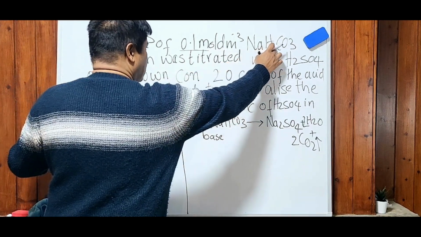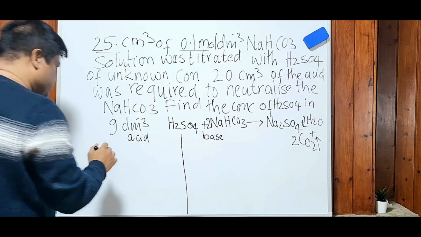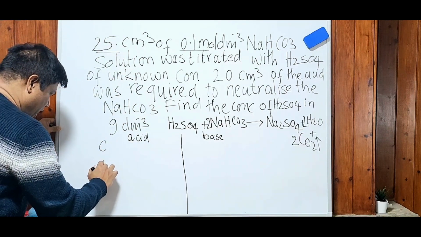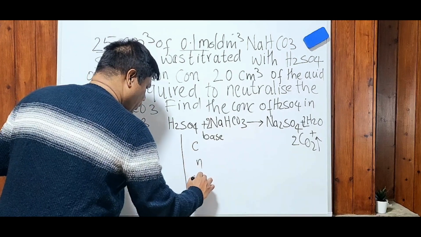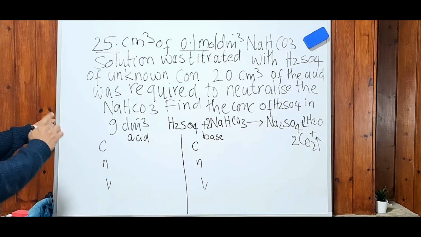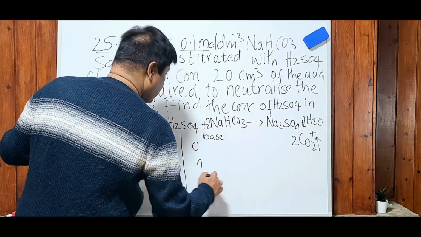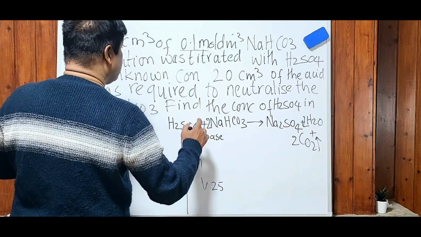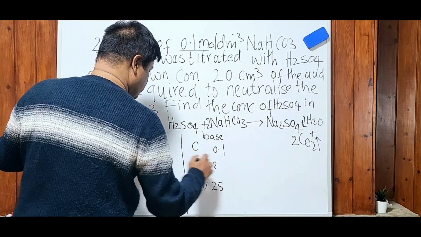That's the sodium hydrogen carbonate, which is a kind of alkaline salt. So CnV, 25 centimeter cube, 25 centimeter cube. Vol is given, conc is given, 0.1. You have to figure out the number of moles.